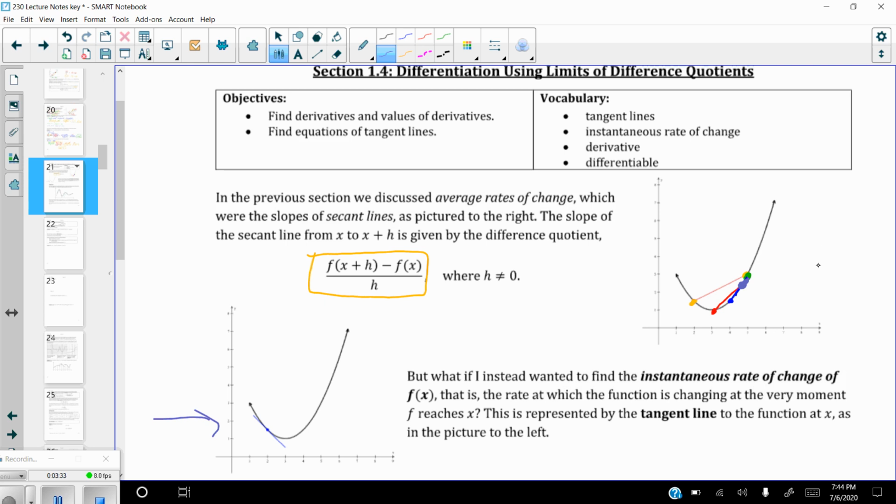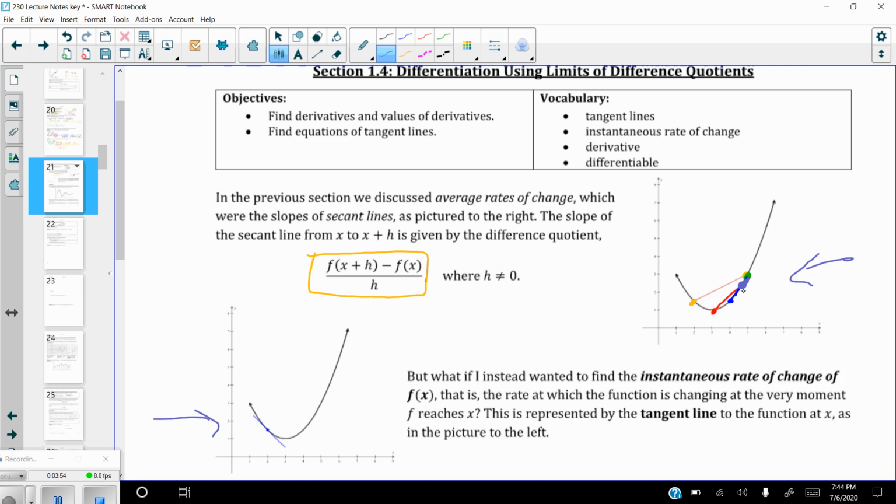Like what we did up here, we were moving our secants much closer to the green. So we went from the orange to the red to the blue to the purple, and the process there is we're moving these things closer and closer and closer to the green. Or in other words, we're taking a limit.